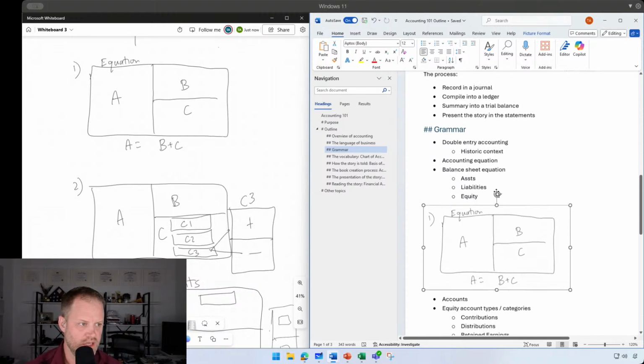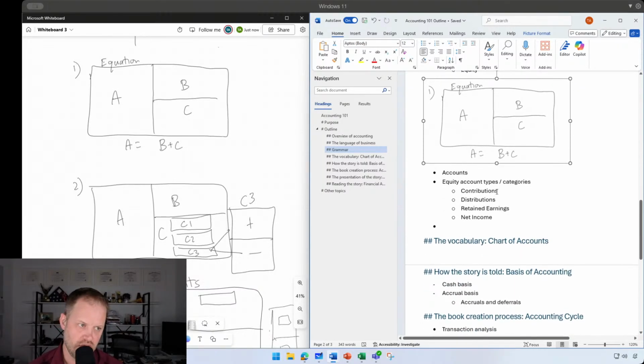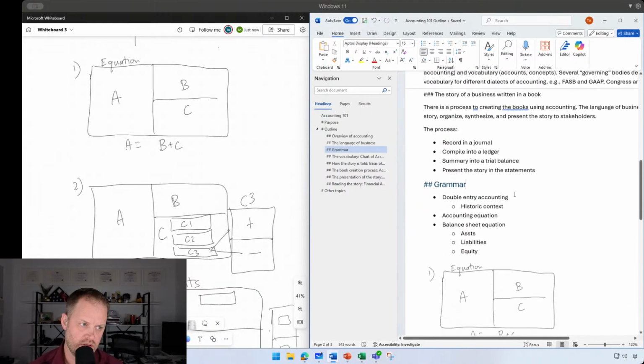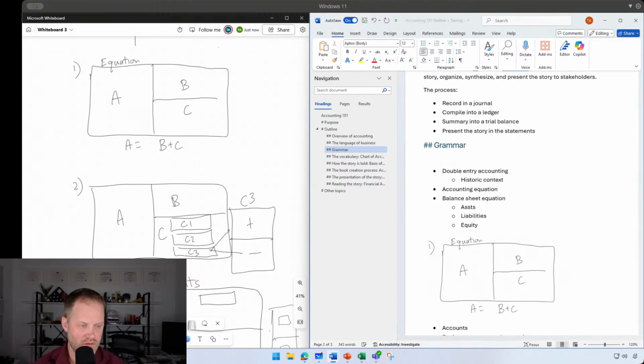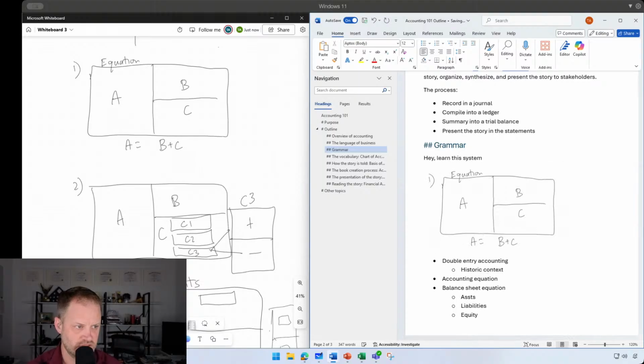Just learn this game, and then draw. Okay, so we'll start with, hey, learn this system. So the accounting equation game.